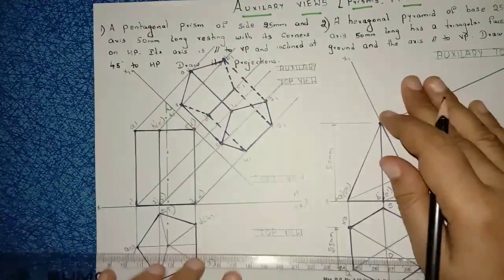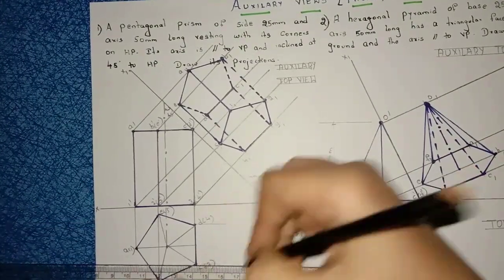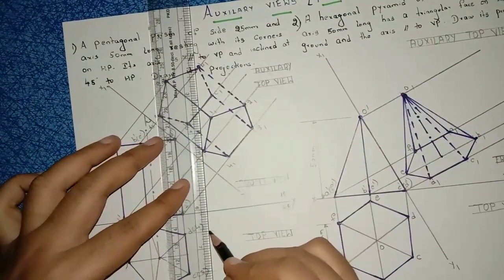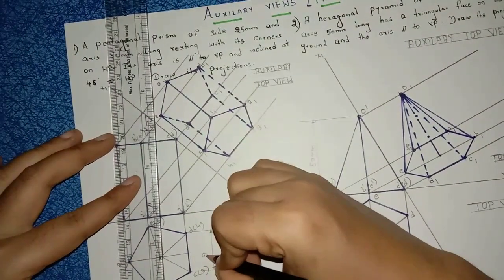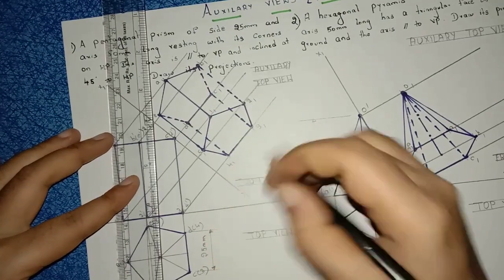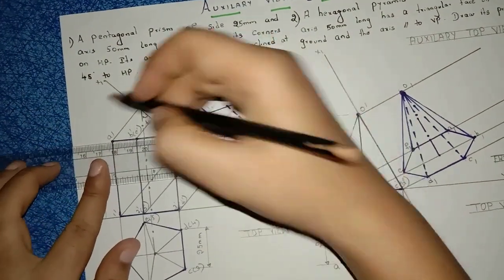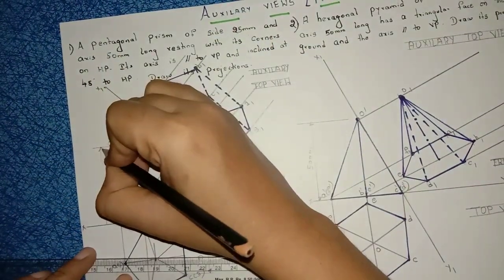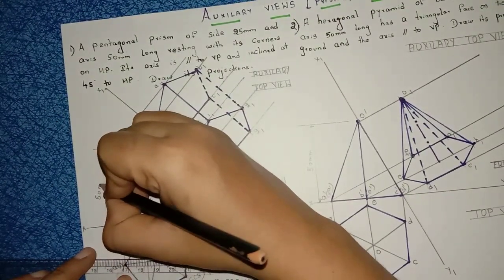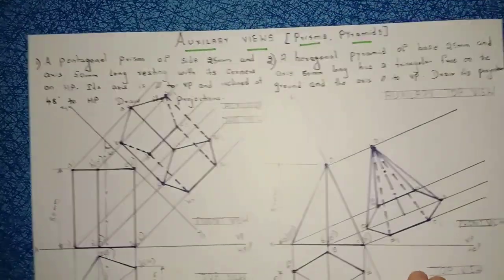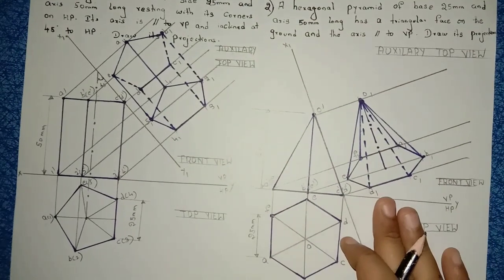For this problem they mention the pentagon length is 25 mm, and the axis height 50 mm. So this completes these two problems, auxiliary views based on prism and pyramid. This is your auxiliary top view.